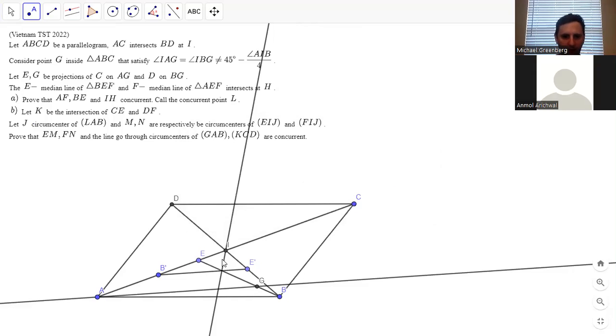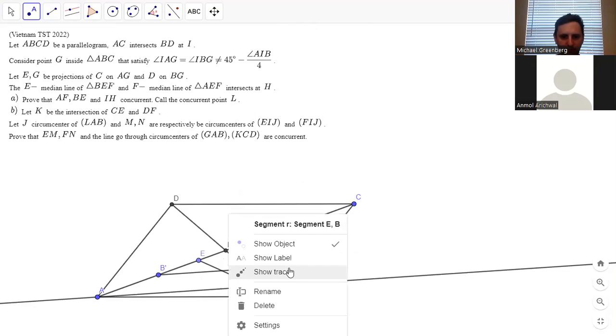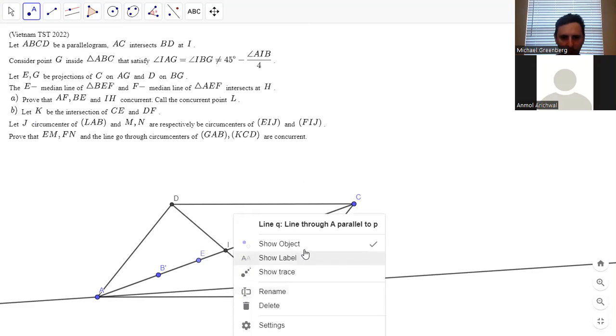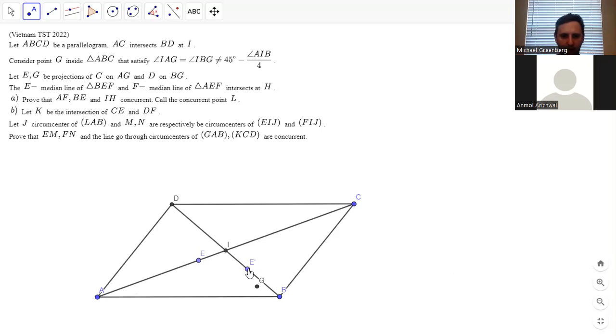Let's hide everything else. I'll keep point E just in case. So IAG is IBG. Let's see.